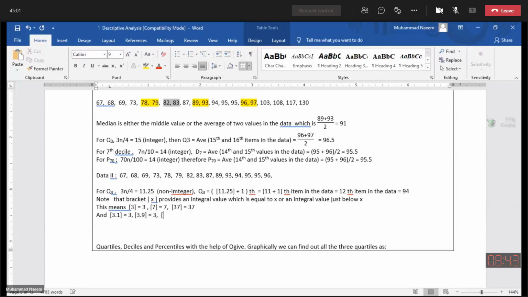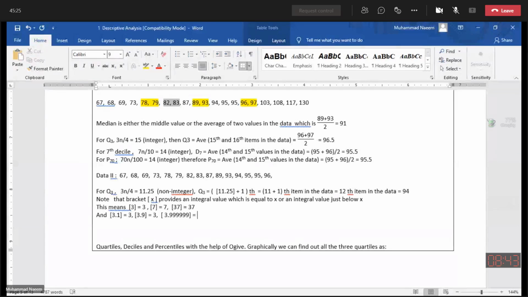Even if we are applying a bracket function to a non-integral value 3.9999, even then it is non-integer.